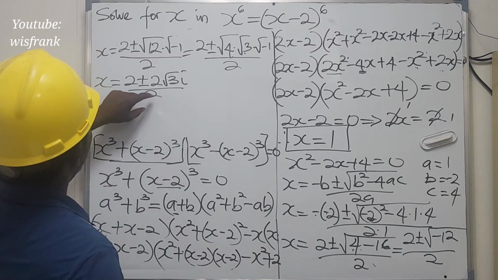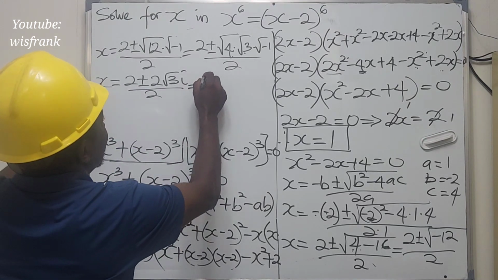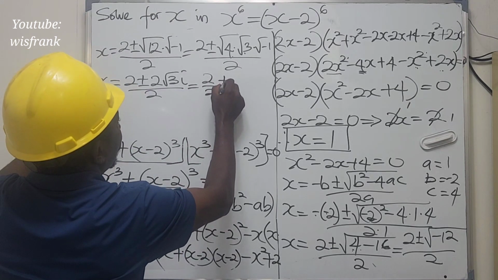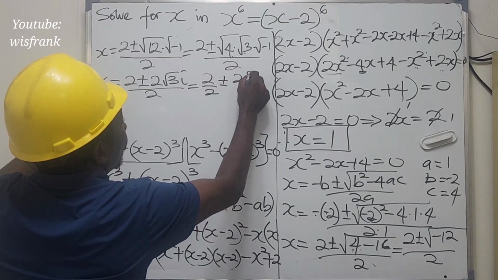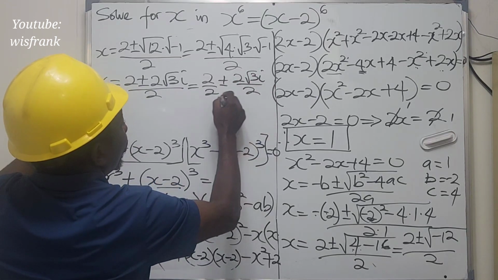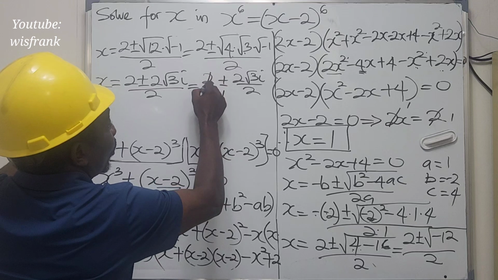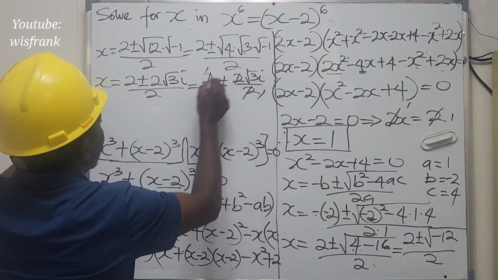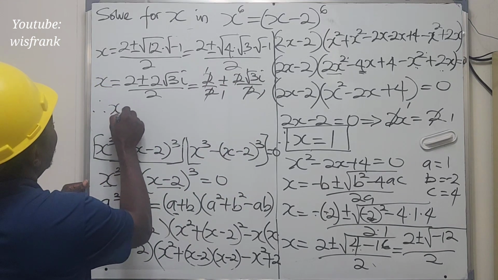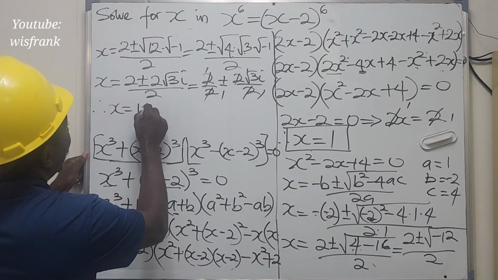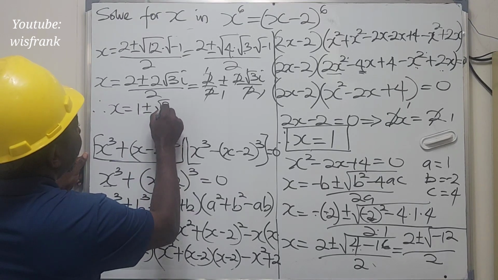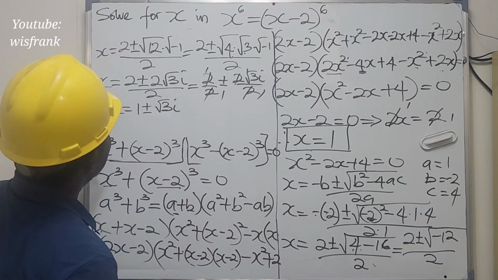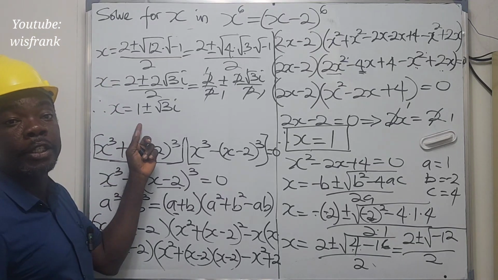In that case, we can rewrite this as 2 all over 2 plus or minus 2 root 3 i all over 2. In that case, 2 will cancel here and 2 will cancel here. Therefore, our value of x equals to 1 plus or minus root 3 i. We have two solutions here.